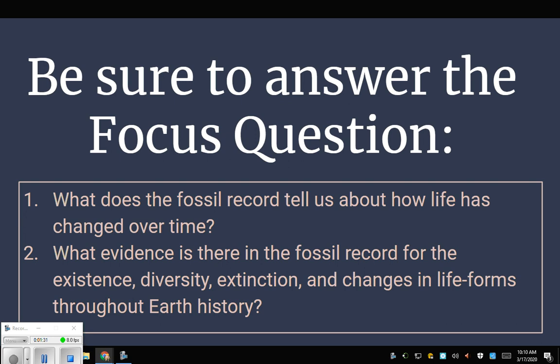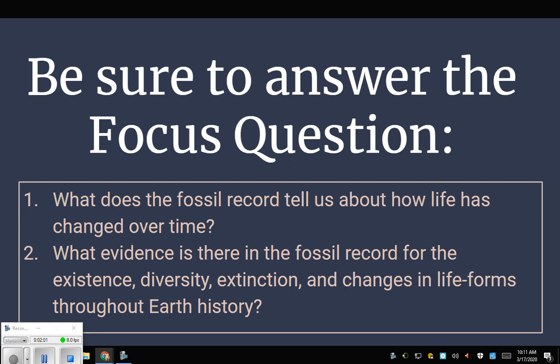Number two, what evidence is there in the fossil record for existence, diversity, extinction, and all the changes in life forms throughout Earth's history? Again, very similar to what I mentioned before, we need to understand the evidence that is there. We understand that there's bones and shells and teeth that provide a record of existence. We understand extinction because of things that were habitat, where they lived.